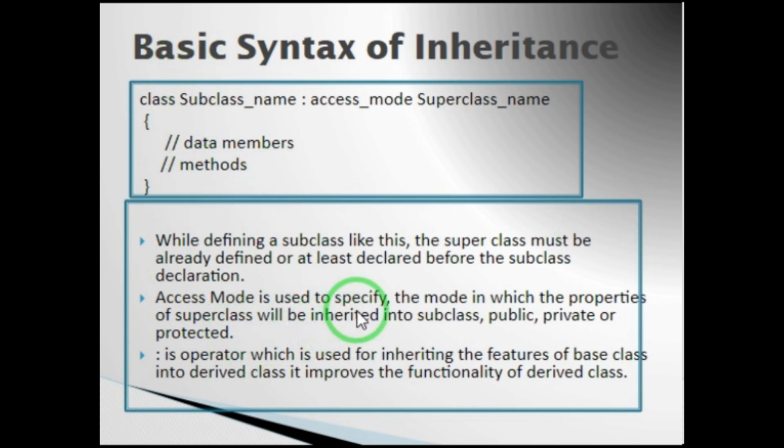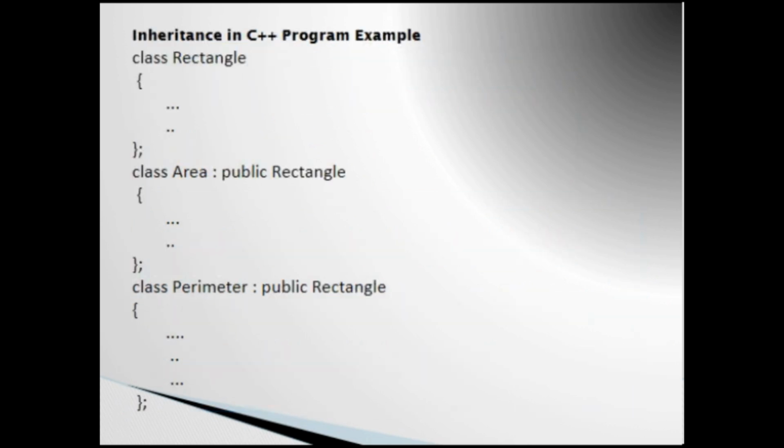Access mode is used to specify the mode in which the properties of the superclass will be inherited into the subclass: public, private or protected. Colon is the operator used for the inheritance feature in OOP. So don't get bothered, we will discuss one example.